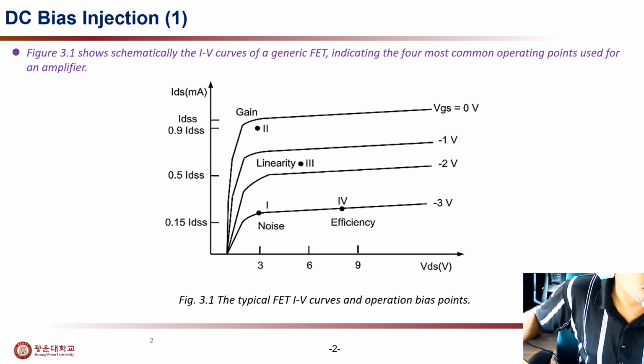Point 4 is called the efficiency point. For higher efficiency, although the linearity will be degraded, the operating point IV can be used for class AB operation of the amplifier.